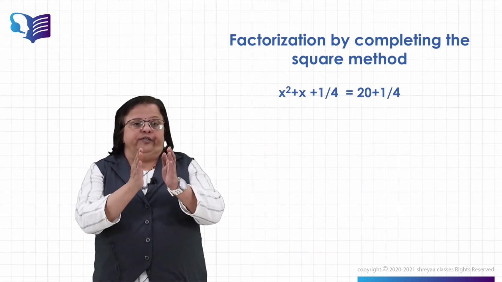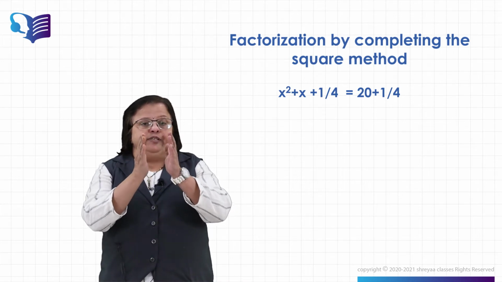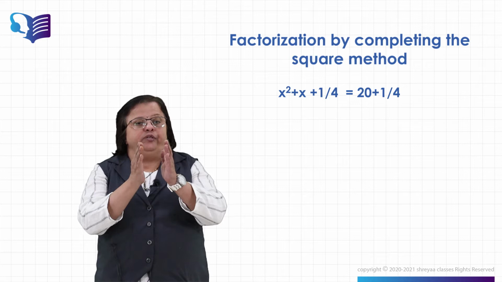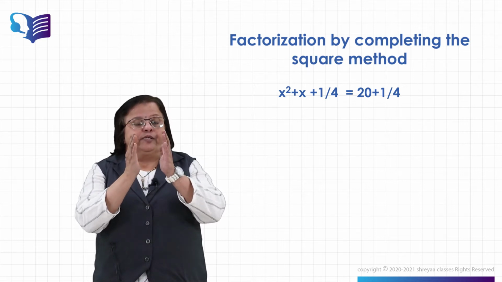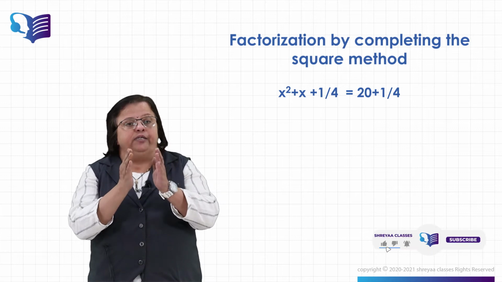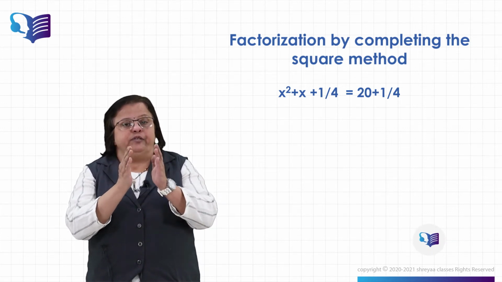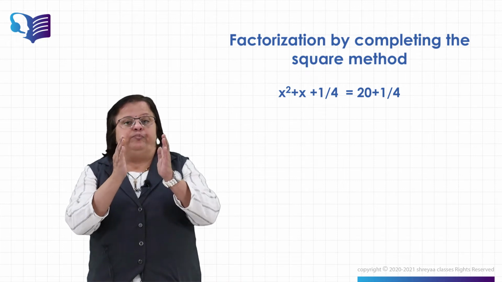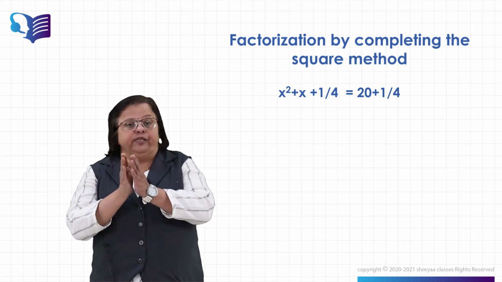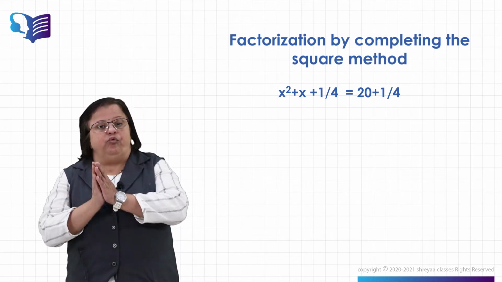Now on the left hand side, x square plus x plus 1/4 is the square of (a plus b), an identity. So you will write this as (x plus 1/2) the whole square is equal to 20 plus 1/4.